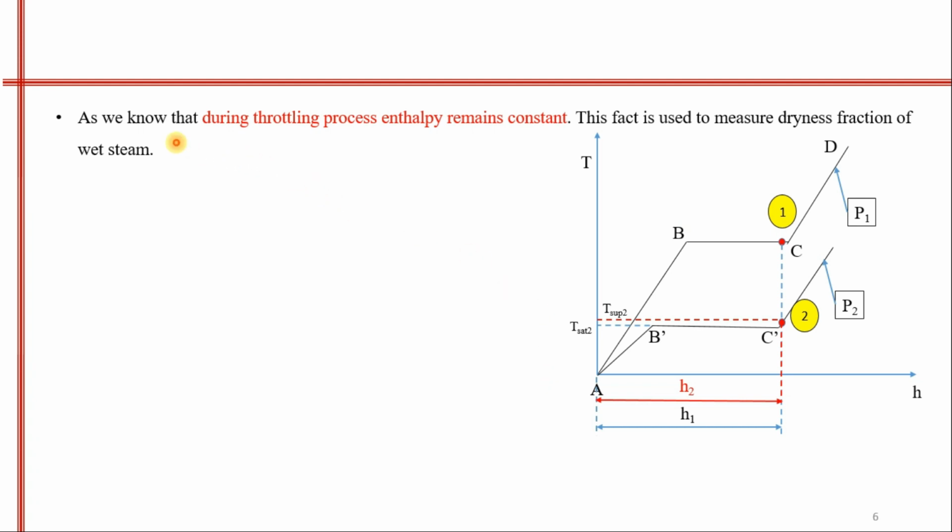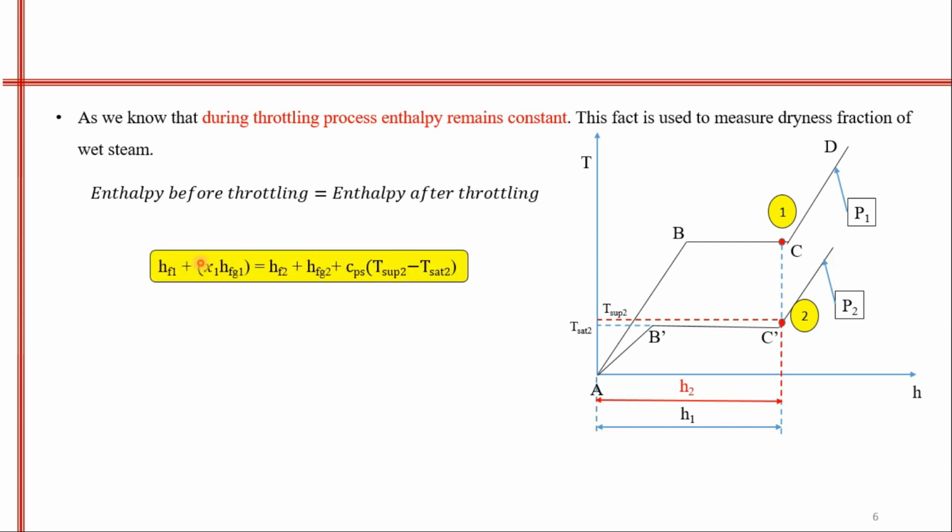As we know that during the throttling process enthalpy remains constant, the enthalpy before throttling will be equal to the enthalpy after throttling. So we just equate those two expressions. In this expression we have the values of hf1 and hfg1 from the steam table corresponding to pressure P1, and the values of hf2, hfg2 and T saturation 2 from the steam table corresponding to pressure P2.